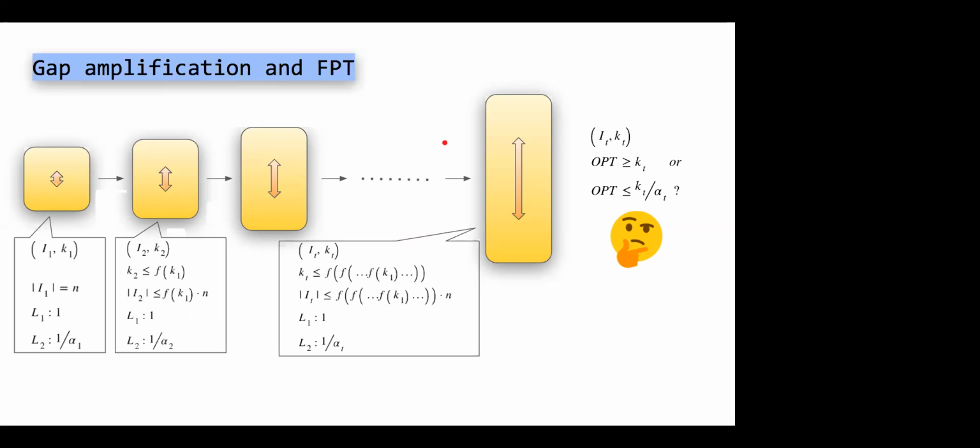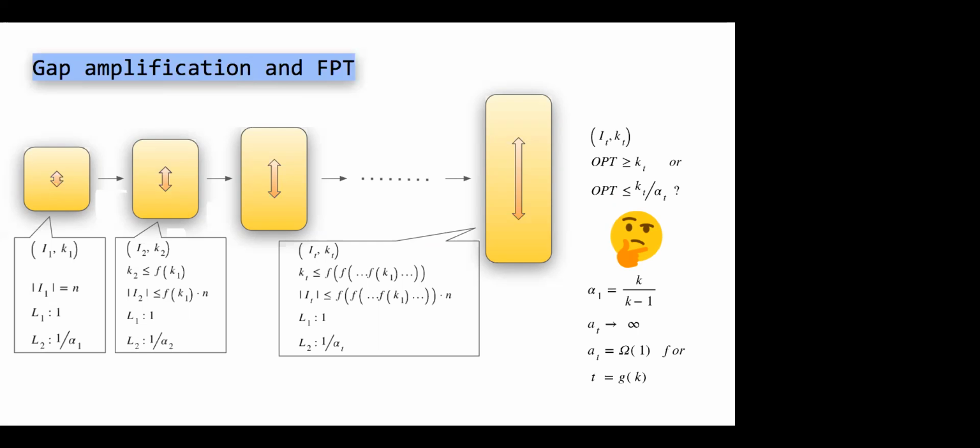And if we had an FPT algorithm that could distinguish between having a large solution here and a small solution, this would also imply that we can solve the problem on the very left. And again, we can try to start with a trivial gap, just distinguishing between having a solution of size k and at most k minus 1.